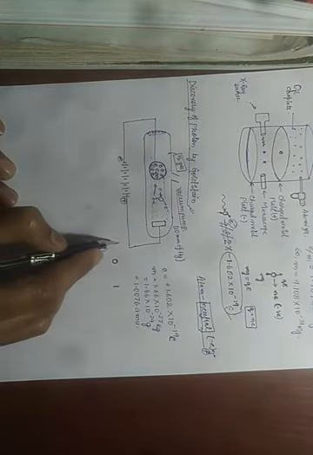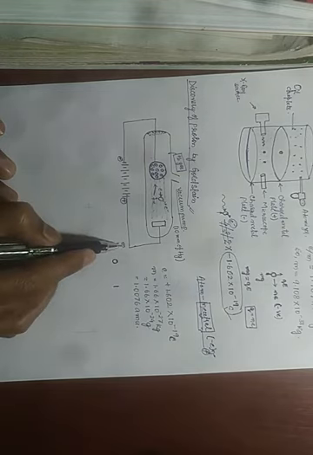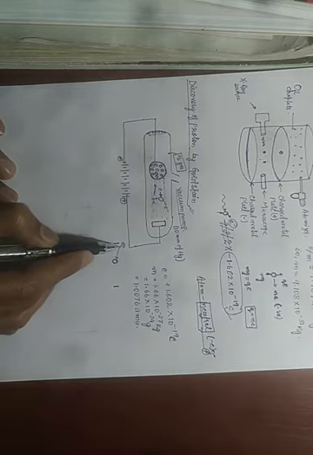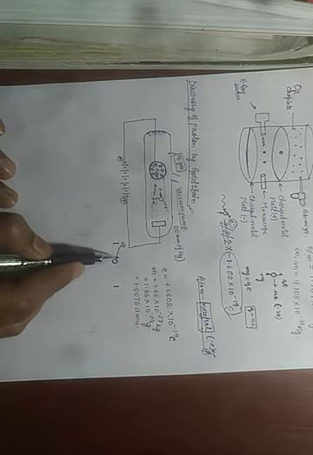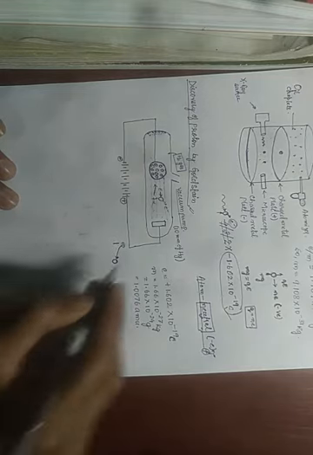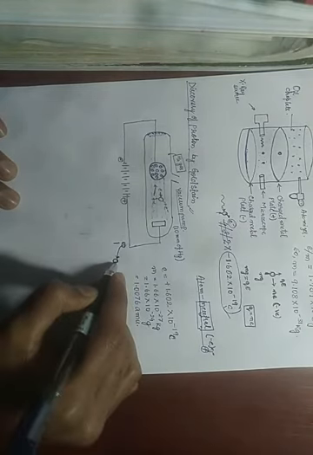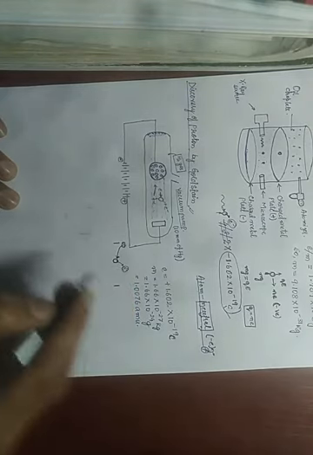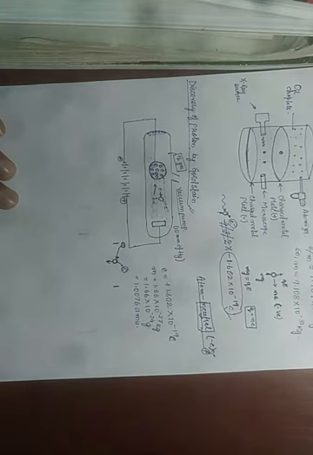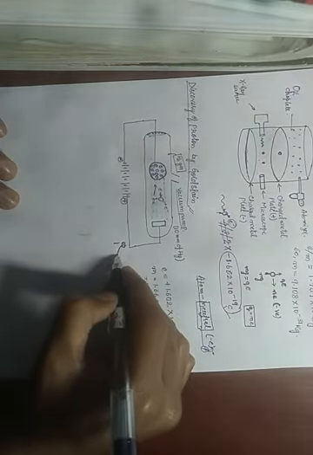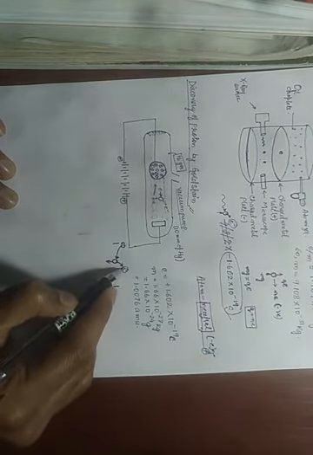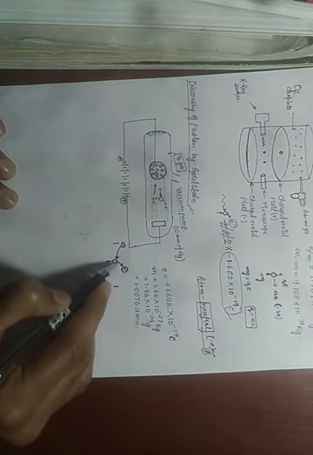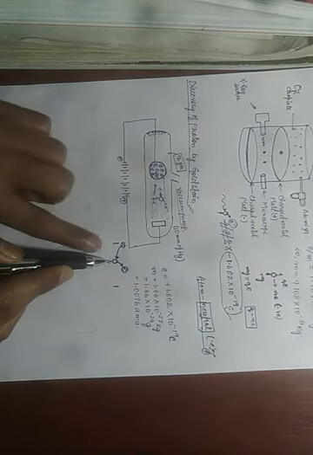Since this cathode ray is carrying a negative charge, when it strikes this neutral gaseous atom, it throws out electrons from this neutral gaseous atom.